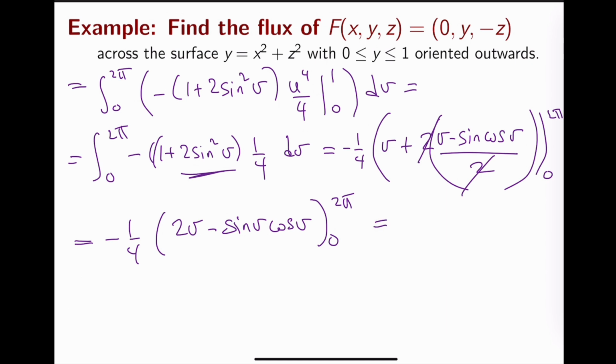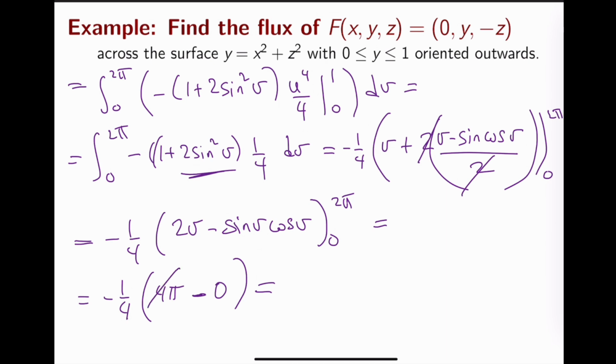So let's evaluate now at 2 pi first. So then this is going to be minus 1/4 times, evaluated at 2 pi, we're going to have 2 times 2 pi here, which is 4 pi. This part is 0, and then minus, and when we evaluate at 0, everything is 0.